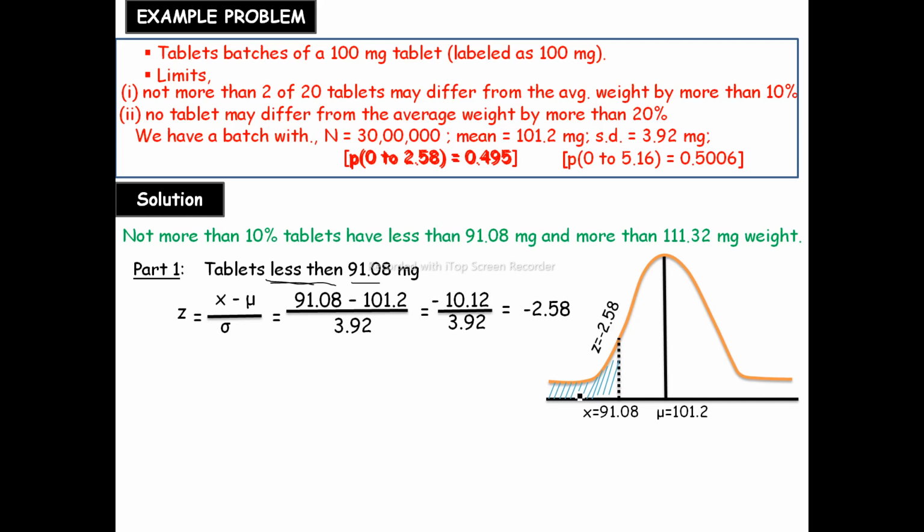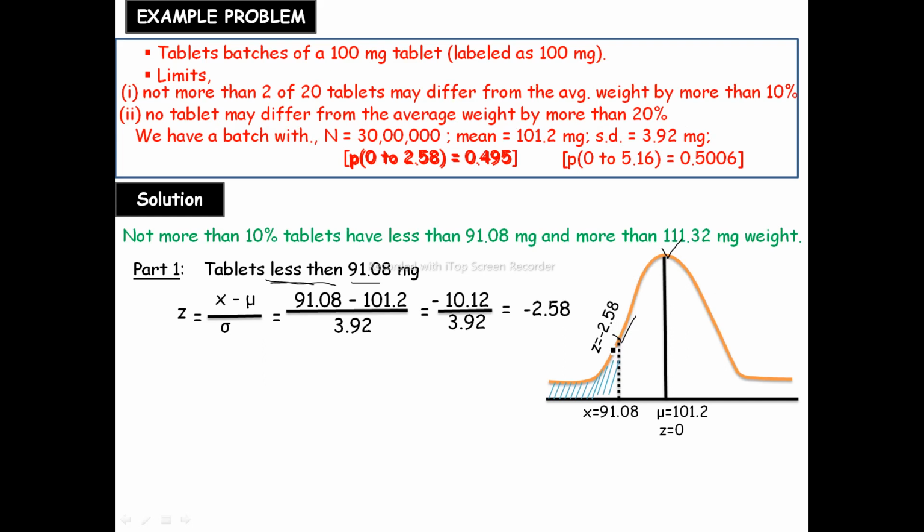So this is the z value. This dotted line is the z value, and the z value at the mean is always equal to 0. Here the value of z is 0, and at this dotted line the value of z is minus 2.58.